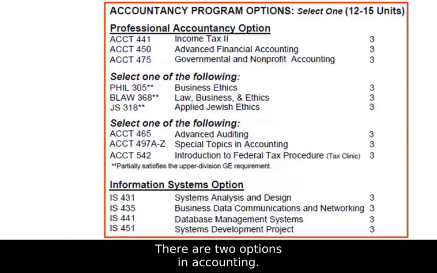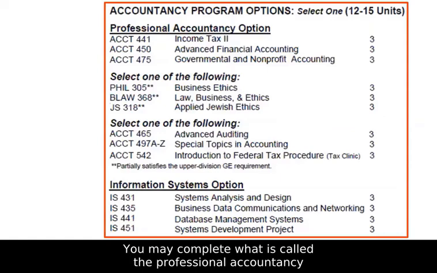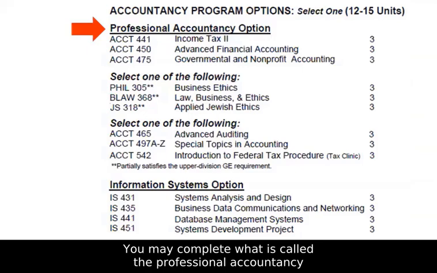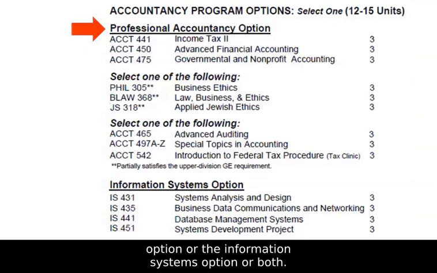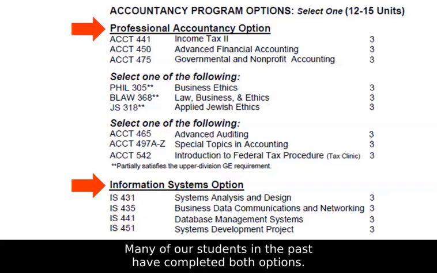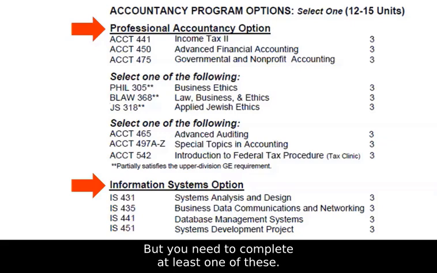There are two options in accounting. You may complete what is called the professional accountancy option or the information systems option, or both. Many of our students in the past have completed both options, but you need to complete at least one of these.